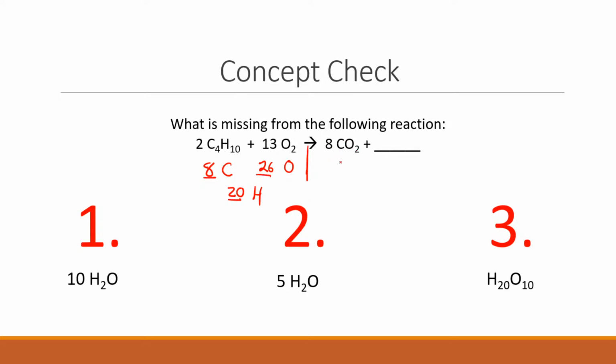Here from 8 CO2s, we're going to get 8 C's. We're going to get 16 O's. And we've got no H's. If I want to look at my missing pieces, right, those things that I don't have here, I am missing 20 H's. And I'm missing 10 O's.